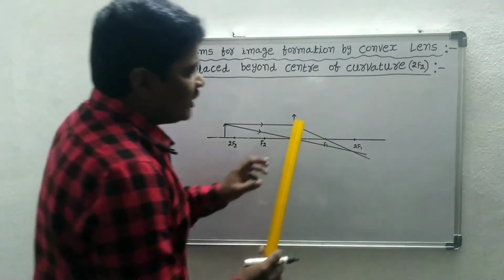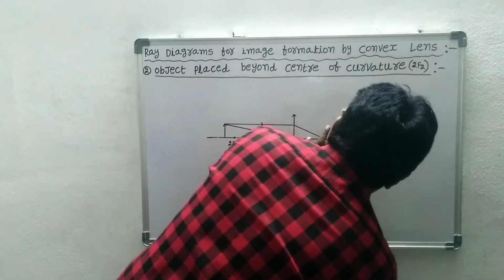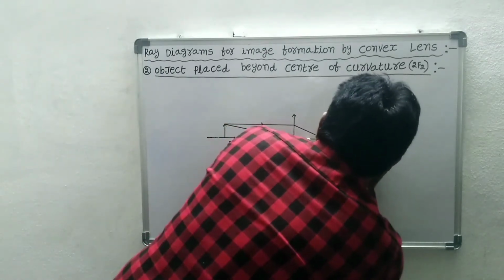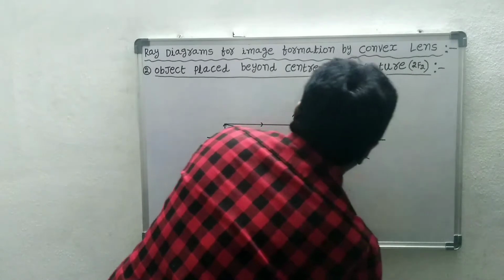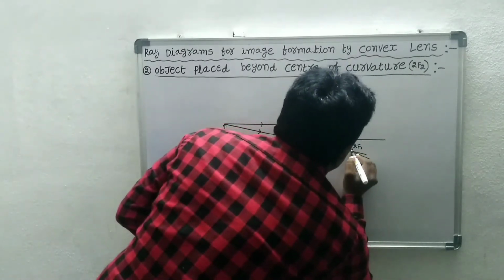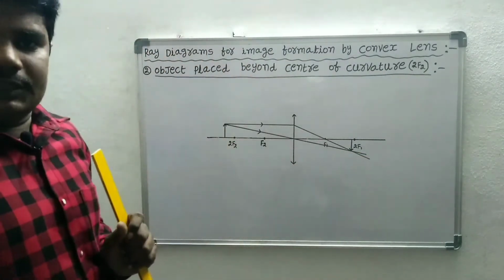So these two light rays intersect at this point. So the image will form like that.